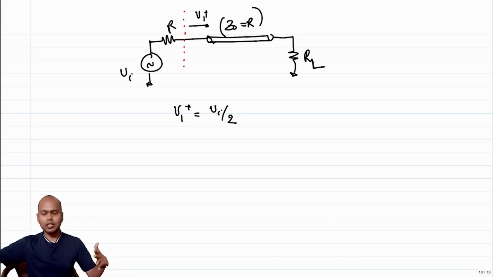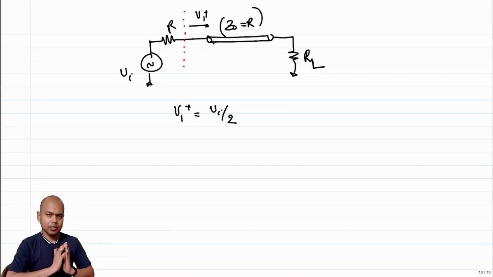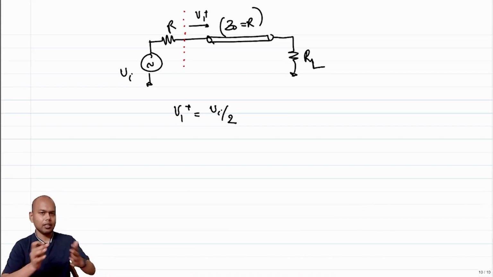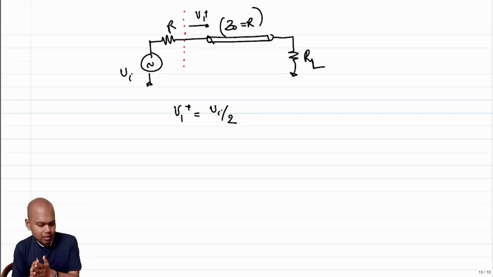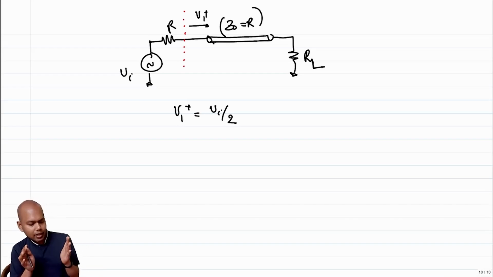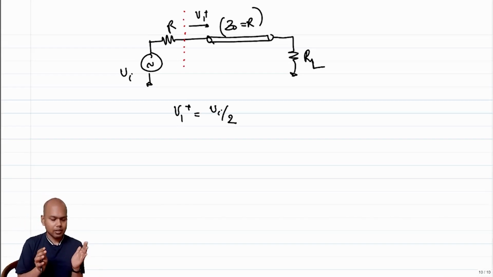It doesn't know what is connected to the other side of the transmission line. Until it finds some non-matched load, it cannot come back. So as far as the forward going wave is concerned, it always sees a matched impedance.